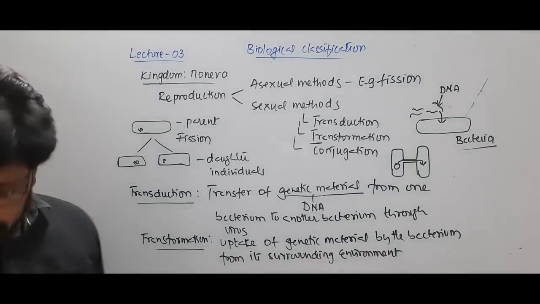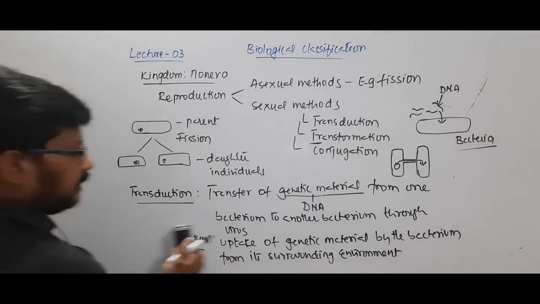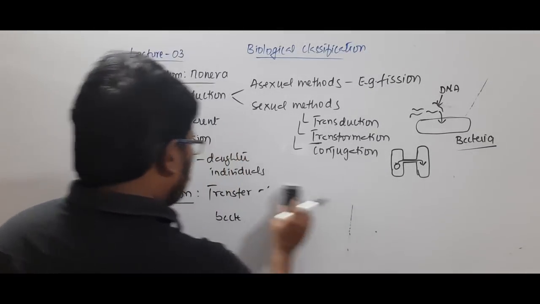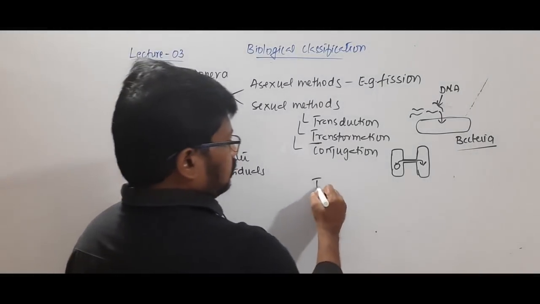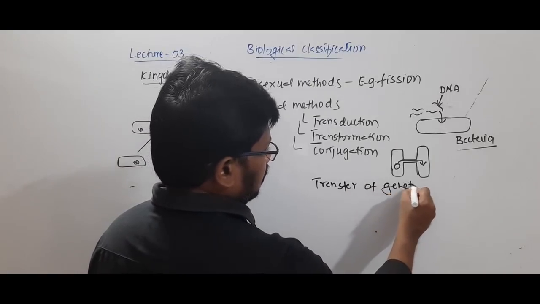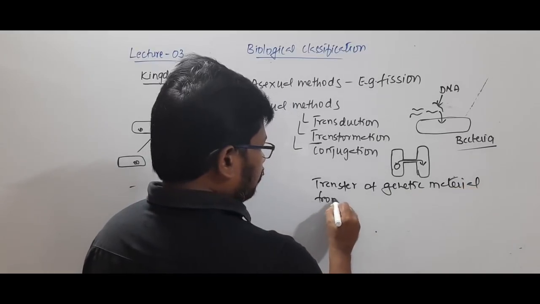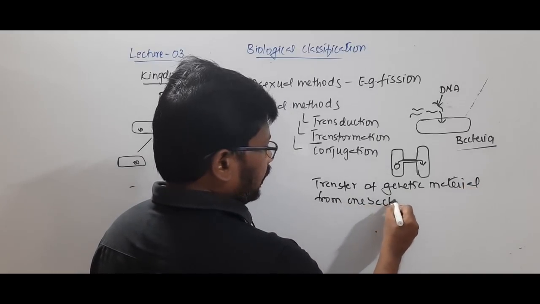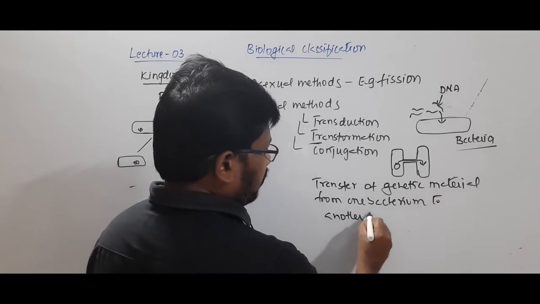So conjugation is the transfer of genetic material from one bacterium to another bacterium.